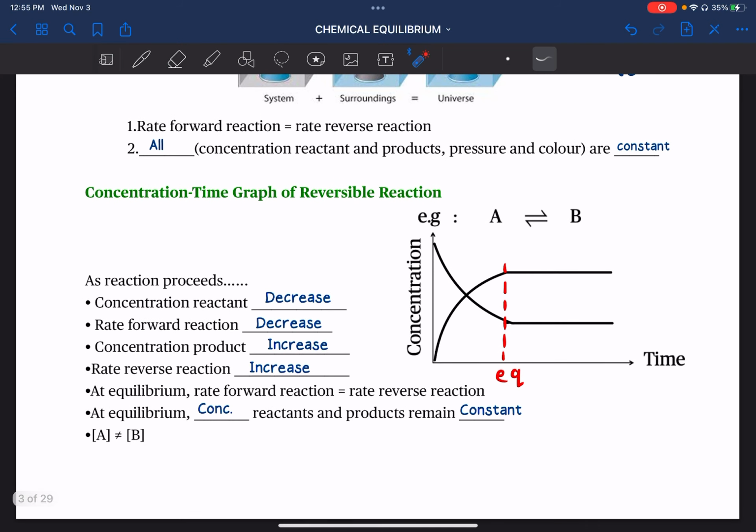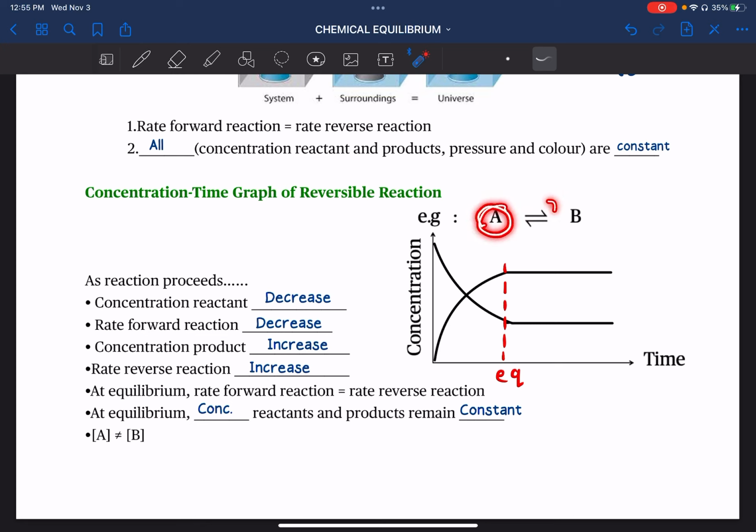Okay, so next, let's have a look at concentration time graph of reversible reaction. Okay, so for the graph, first, of course, we need the axis. So axis for y is concentration, your x is time. Okay, so for example, let's consider this equation.